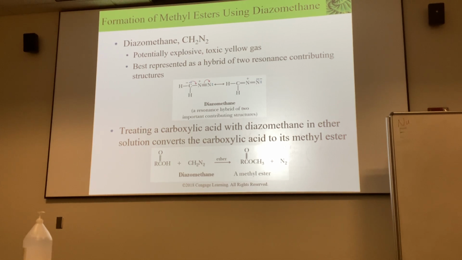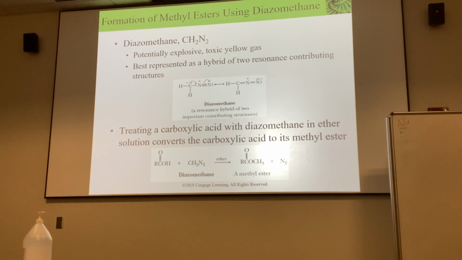So, diazomethane is a potentially explosive toxic yellow gas. Apparently we still use it because it's helpful, but if there's any way around it... it does methyl esters, and it does methyl esters really well.